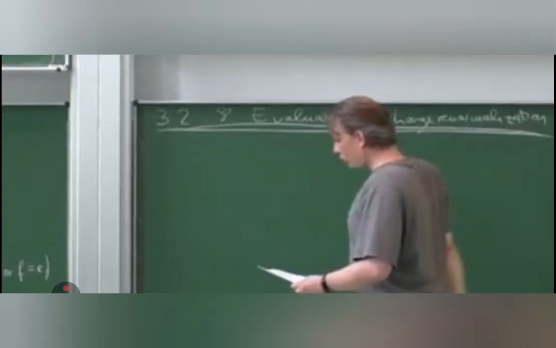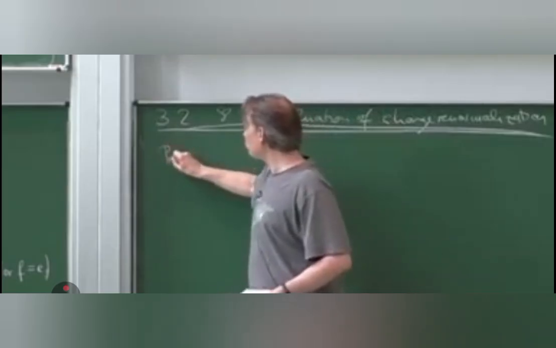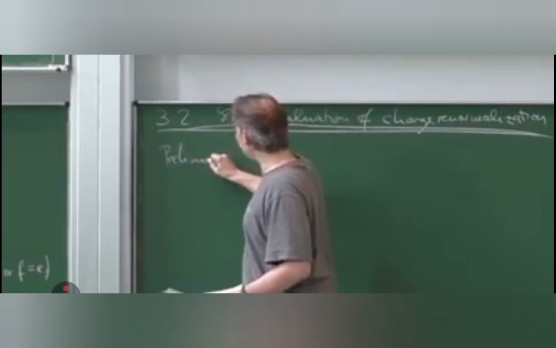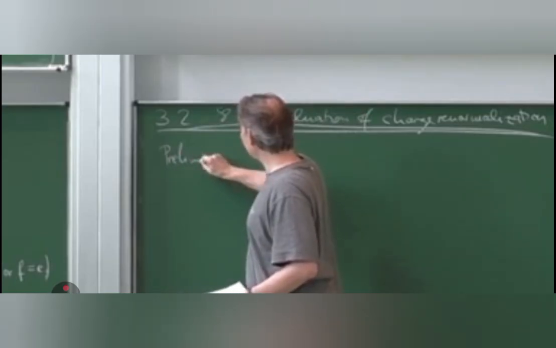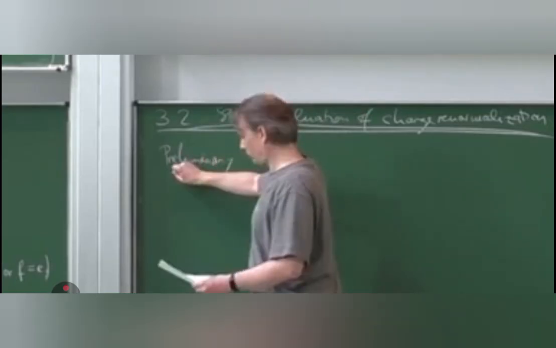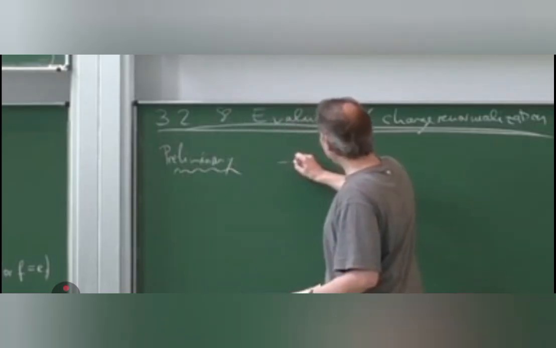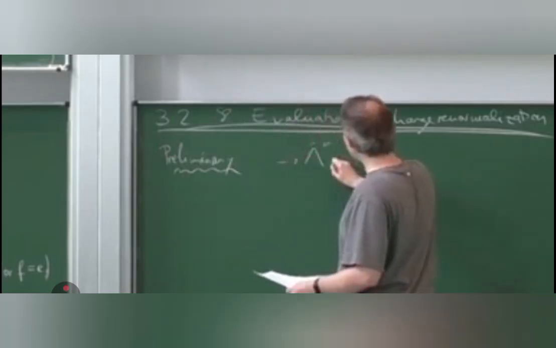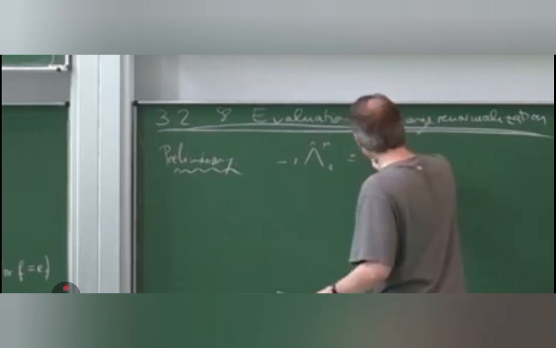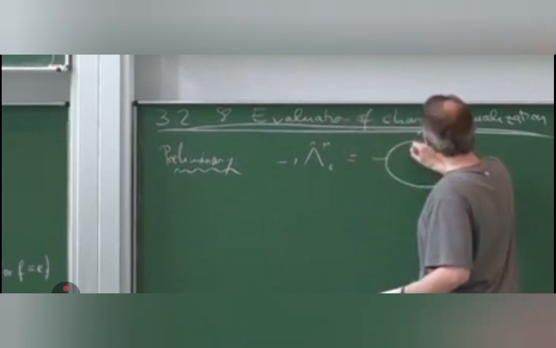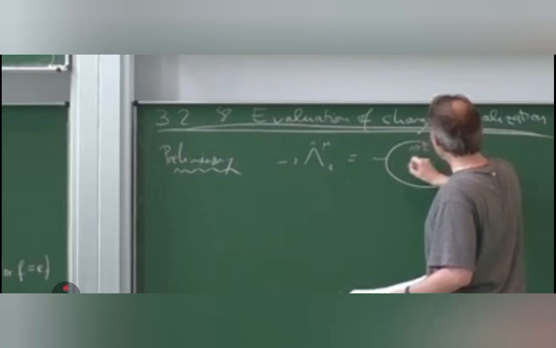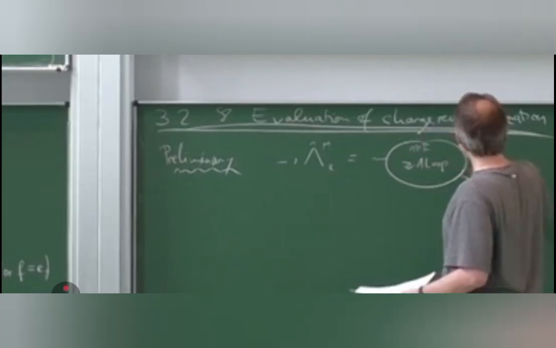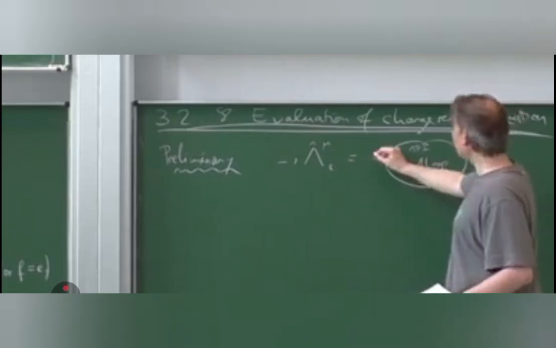So the preliminary evaluation before knowing about this Ward and Slavnov-Taylor identity is as follows. We have here this minus i times lambda hat mu for the electron, which is the one-particle irreducible, starting from one-loop, contribution to the photon-electron 3-point function.